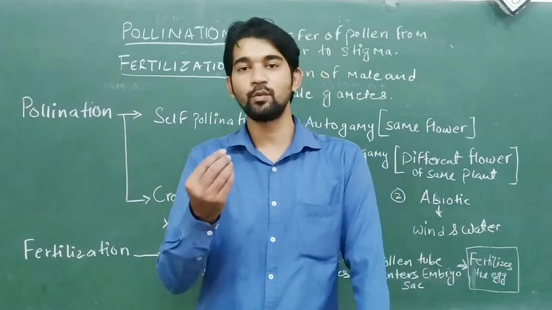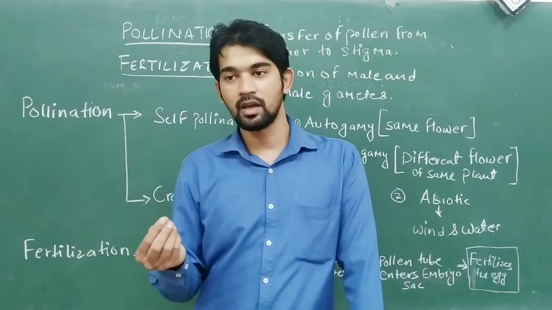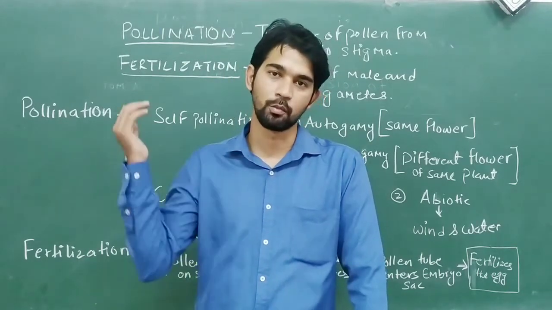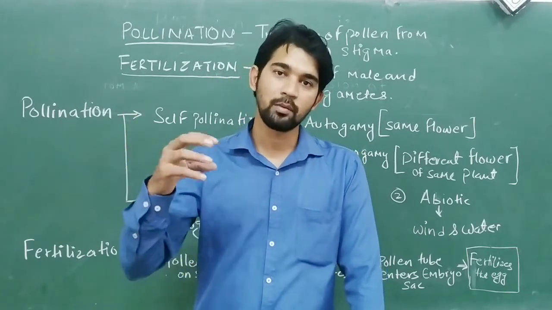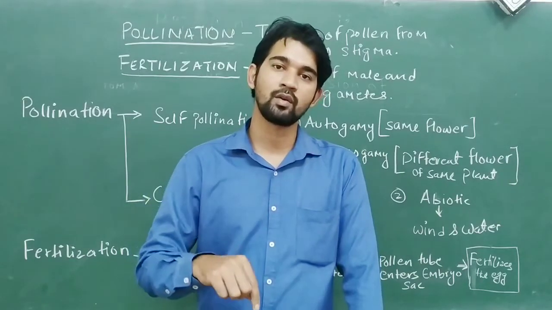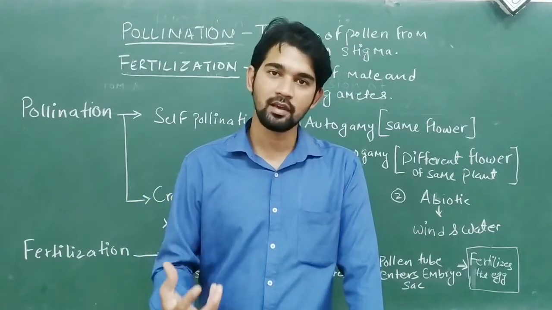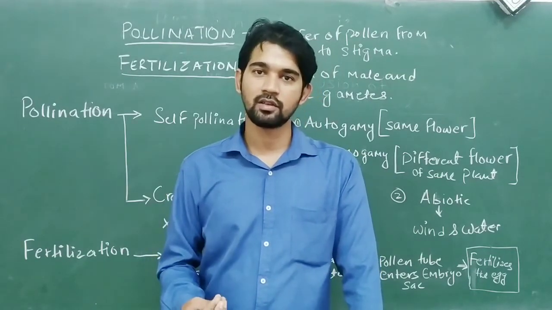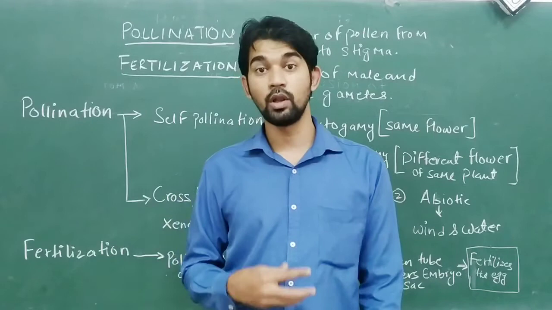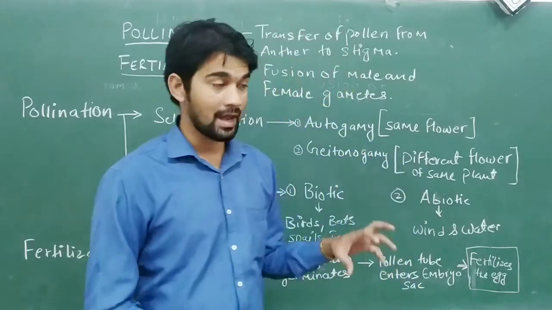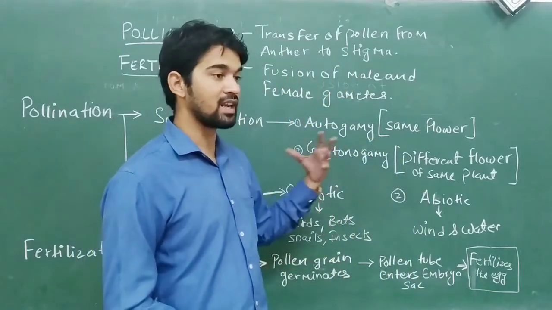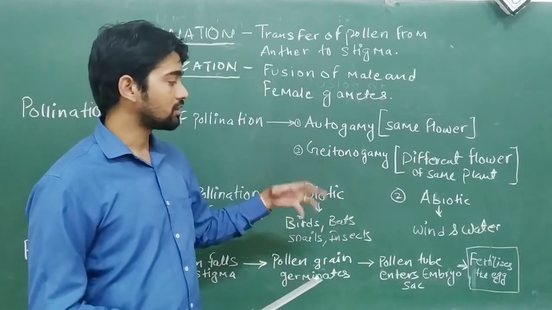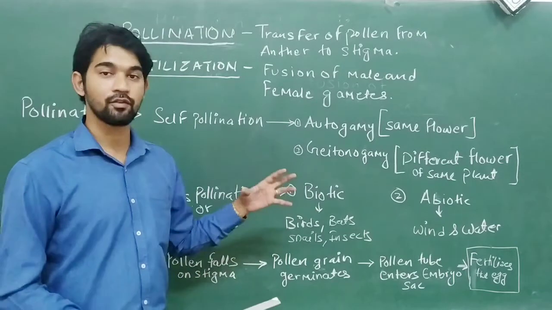In order to see how a seed is formed, we have to go through pollination. Then when pollination happens, the same pollen grains germinate and they fertilize the cell, and the ovary itself will grow and a zygote will form, then an embryo will form, and finally it will keep on dividing until it forms a seed.